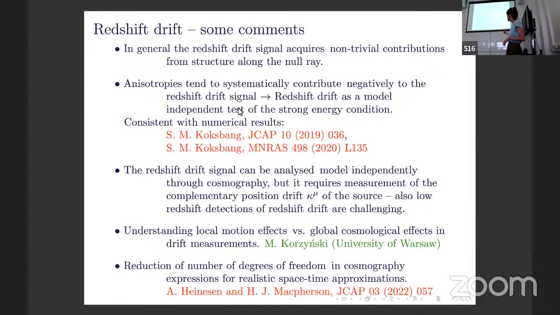So this I'm looking at together with Nikolai Kosinski. We might also be interested in reducing the number of degrees of freedom that go into these cosmographic expressions for both redshift drift and also luminosity distance, in order to more realistically analyze data sets of a finite size. So this I've been looking at together with Haley McPherson on how to do this while still maintaining a lot of generality in the geometrical description.